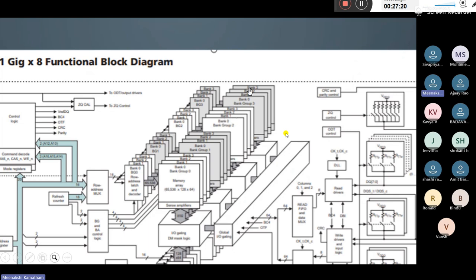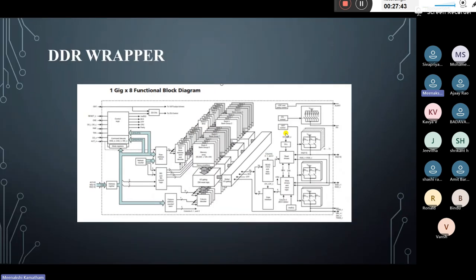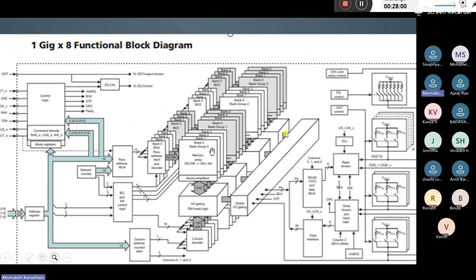We have four bank groups, and in each bank group we have four banks internally. For every bank we have one sense amplifier, and for all four banks we have only one shared buffer. For that purpose the bank groups come into the picture, along with IO gates or DM gates. After row address selection and column address selection, it goes into the bank groups.